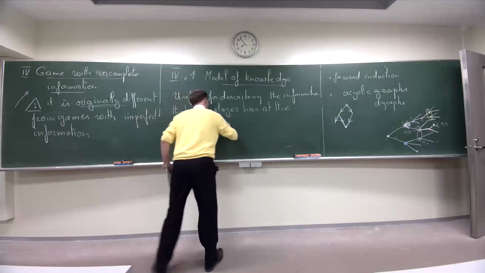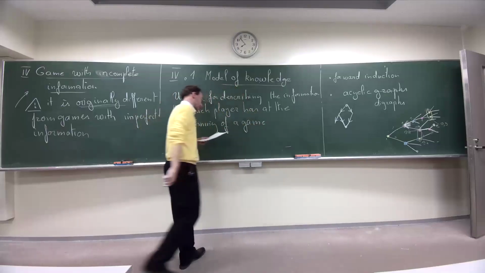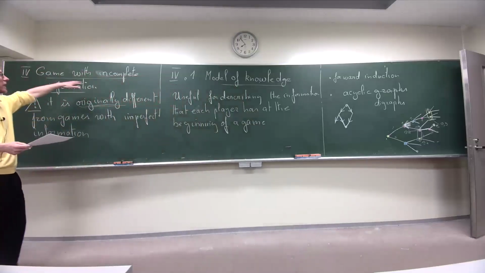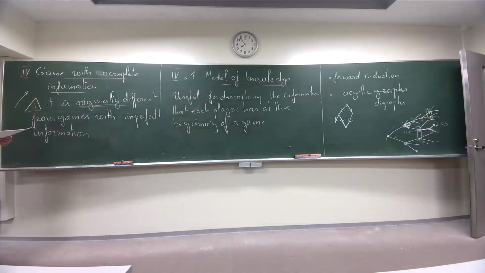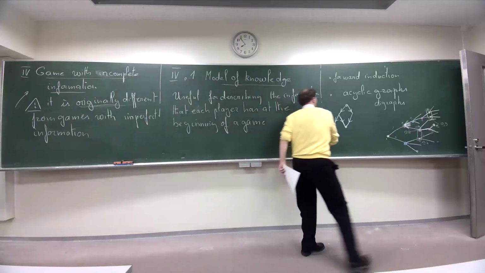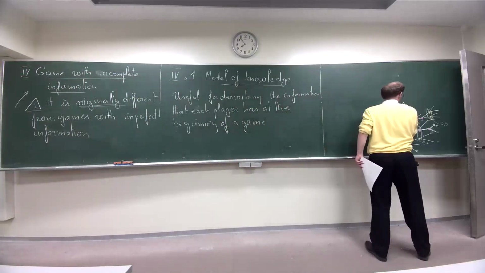So far, everybody knew the same thing. Everybody had the same information. But now, with incomplete information, not everybody will have the same thing. And so this first definition will be useful for understanding this notion.